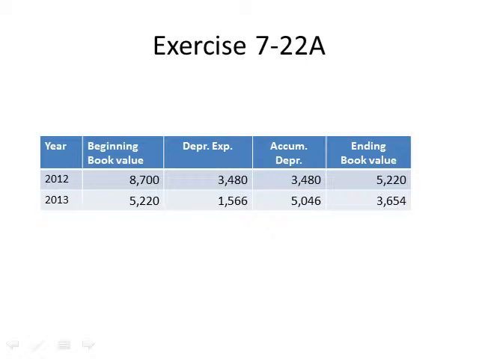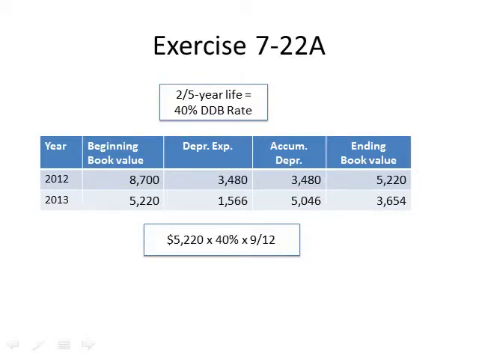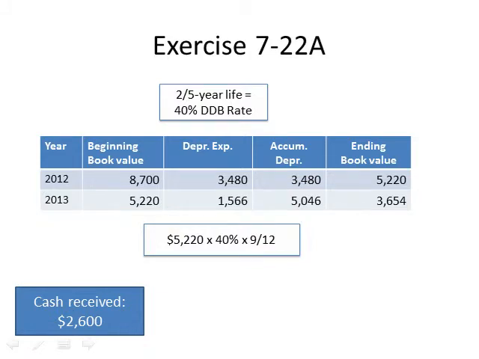First, let's compute depreciation using the double declining balance method for 2012. Since the fixtures were assigned a useful life of 5 years, the double declining balance rate is 40% or 2/5. For 2012, multiply the cost of the asset by 40%. For 2013, the beginning book balance of $5,220 is multiplied by 40% and then multiplied by 9/12 since the fixtures were disposed of on September 30th.